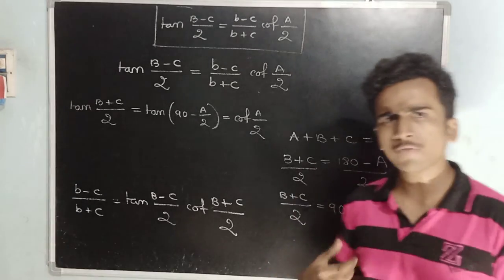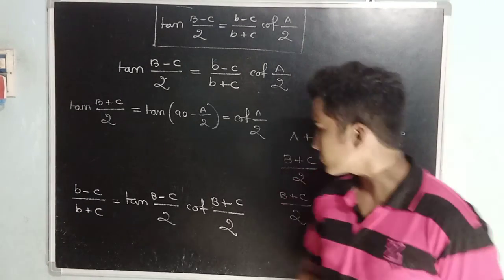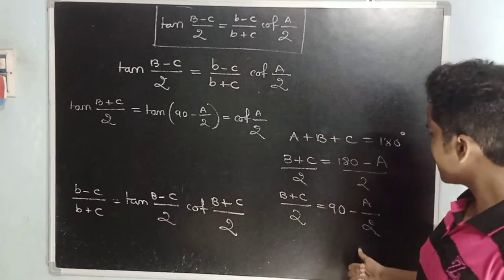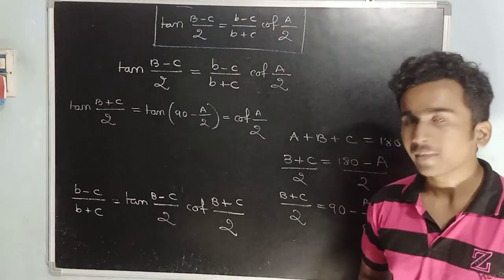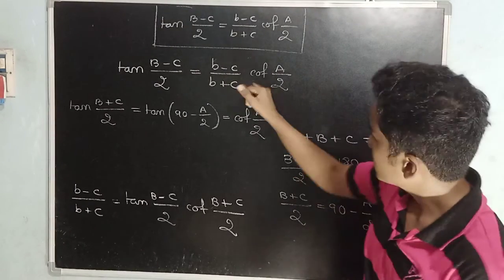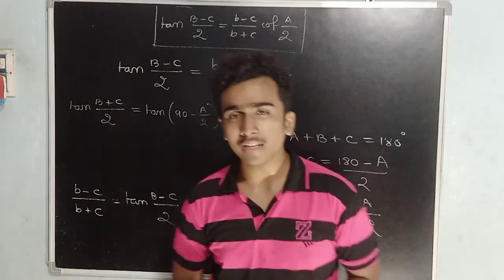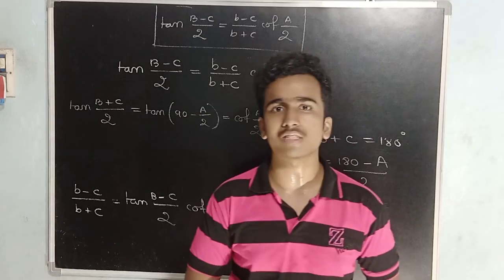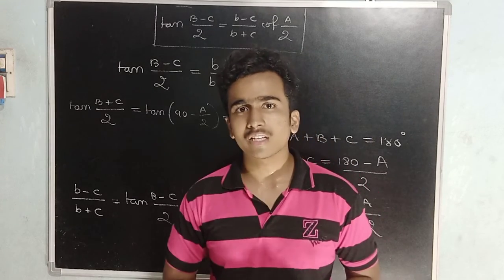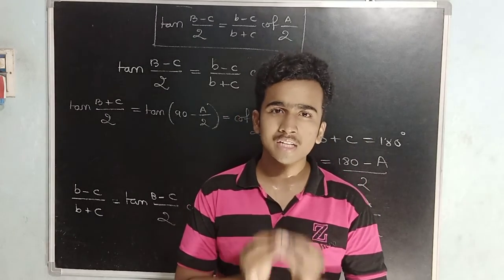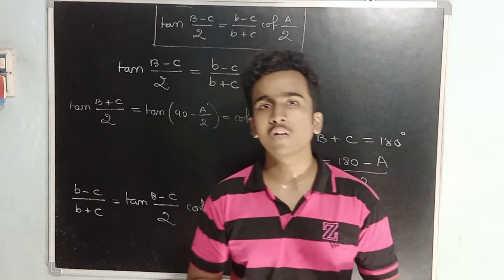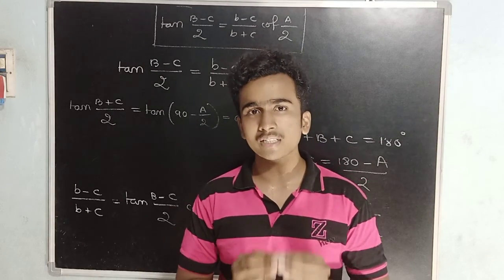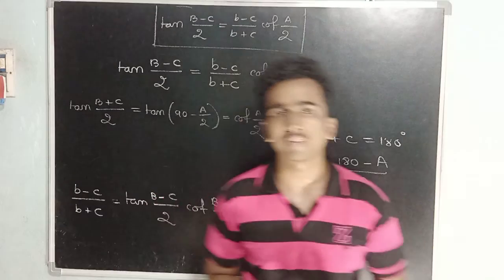These basic concepts are from trigonometry, and this is from trigonometry, but I used these concepts in proving this formula. In this way, in mathematics, each and every concept is interlinked with other concepts. That's why understanding each and every concept is a very important aspect, so that you can make mathematics easier.